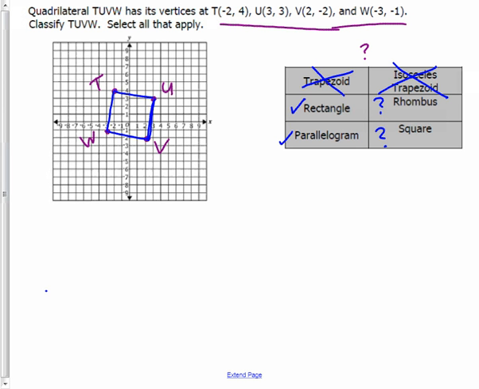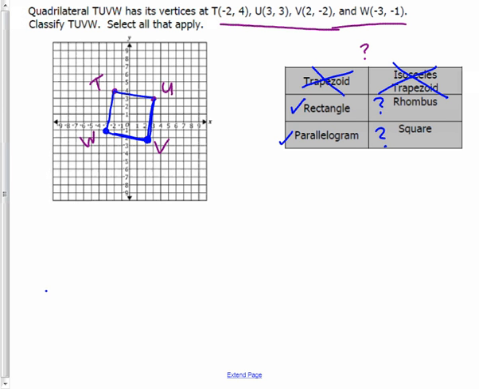The easiest thing would be to get your ruler and measure the distance of each of these sides to see if they are congruent. If they are all congruent, then we've got a rhombus for sure, and a square if they make 90-degree angles.